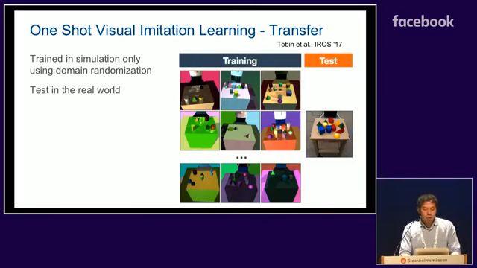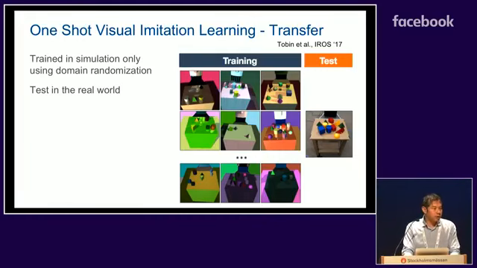A related work by Tobin et al. in 2017 takes this 1 step further and attempts to handle the situation where training can be done purely in simulation through virtual reality, and testing is done in the real world.